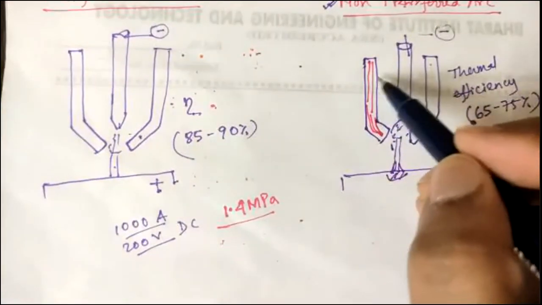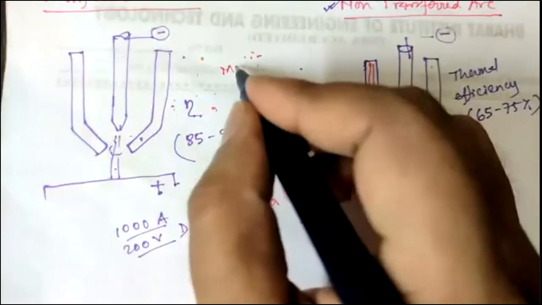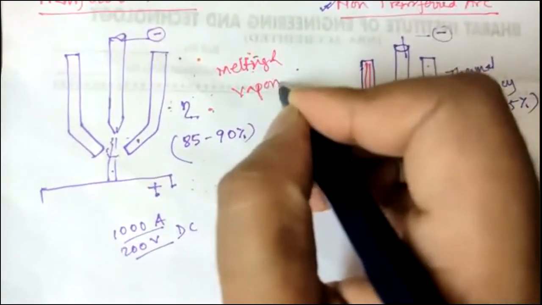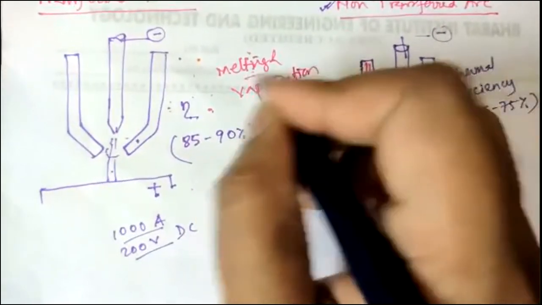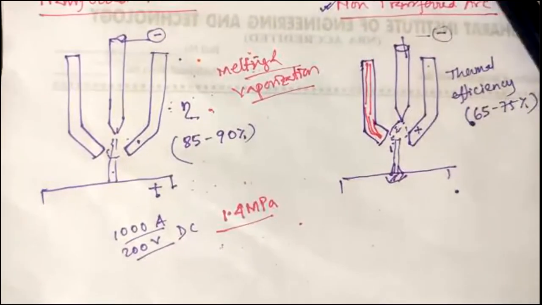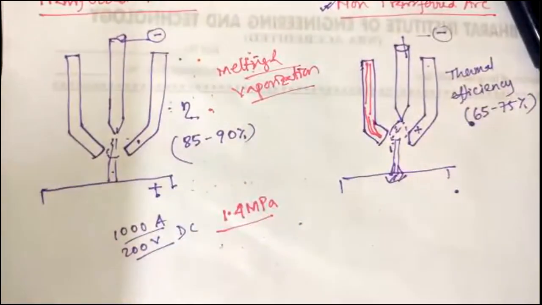The coolant system is something like a sandwich structure. And as I said, melting and vaporization, this is the mechanism behind the material removal in case of PAM, or plasma arc machining.